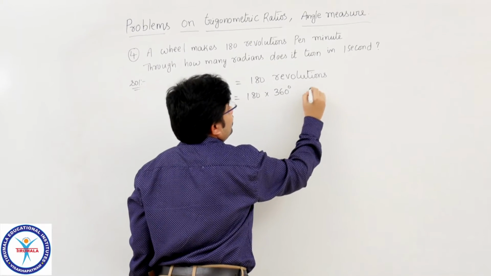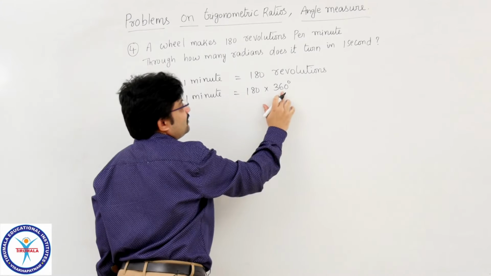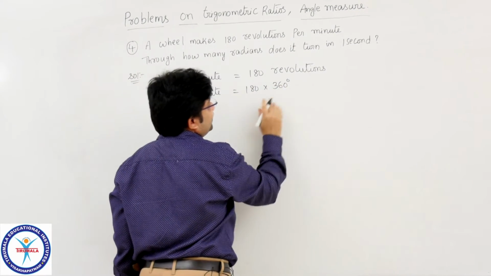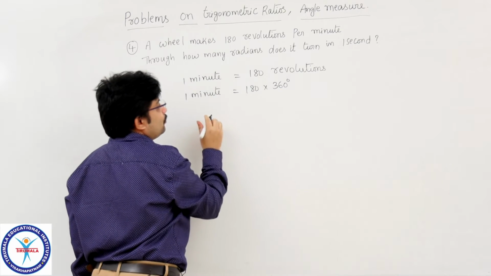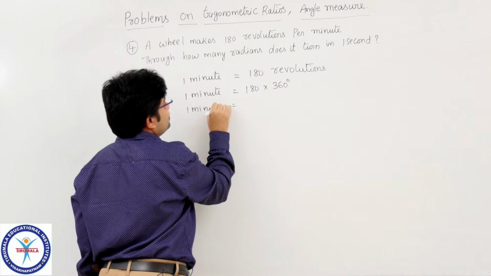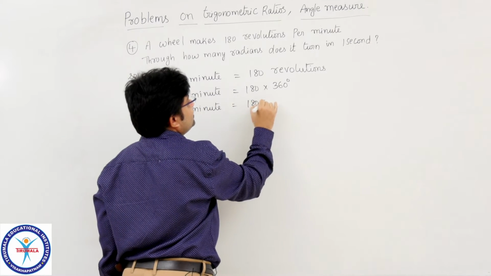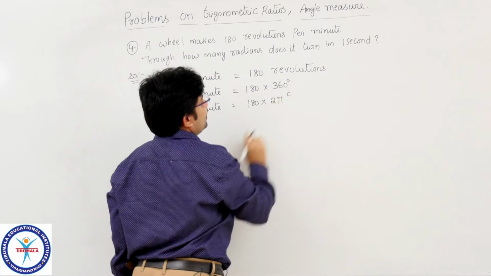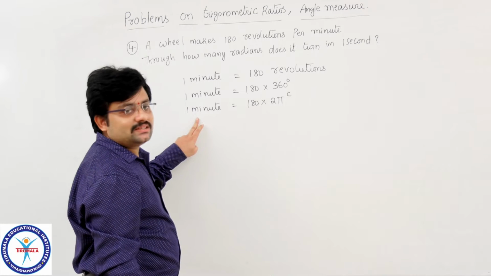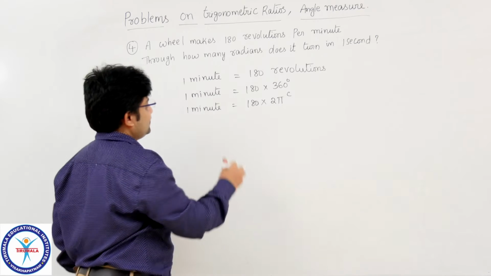We know that for one revolution it makes an angle of 360 degrees, and 360 degrees is nothing but 2 pi radians. So for 1 minute it is making 180 into 2 pi radians. Now, 1 minute is equal to how many seconds? 60 seconds.